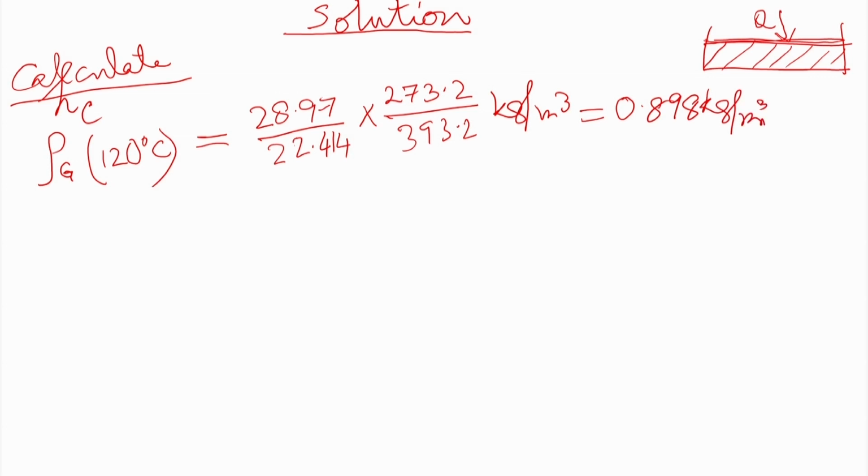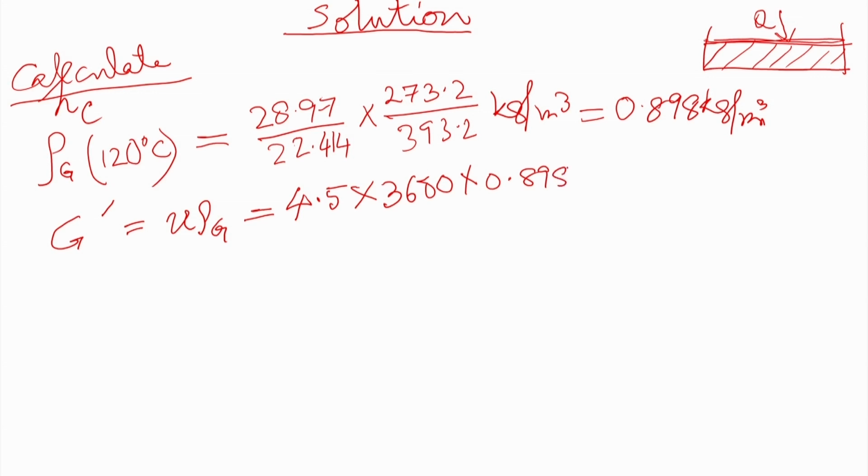The mass flow rate, G prime, is U, the flow rate of the drying gas, into rho G. The flow rate is given as 4.5 into 3600 in terms of hour, into 0.898, so ultimately it will be in kg per meter square hour.